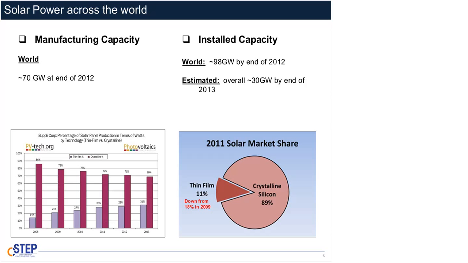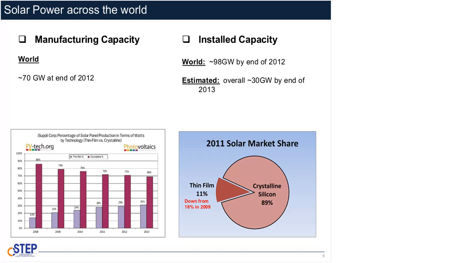On the right-hand side, in the pie graph, in the year 2011, 11% of the solar PV were thin films, while 89% was crystalline silicon. And this 11% came down from 18% in 2009. As I mentioned in my previous slides, the focus on thin films increased at the beginning of the 21st century because of supply constraints of polysilicon.